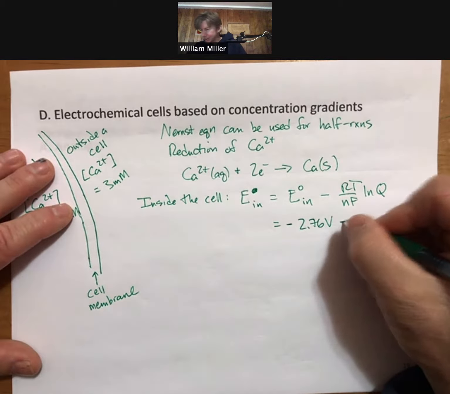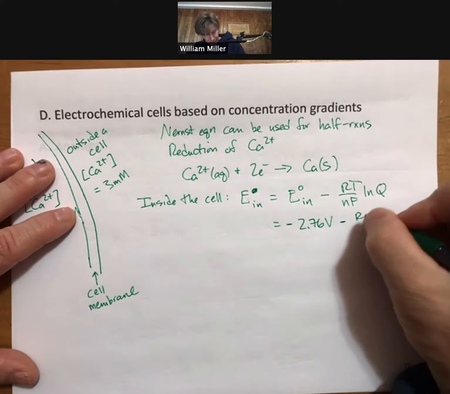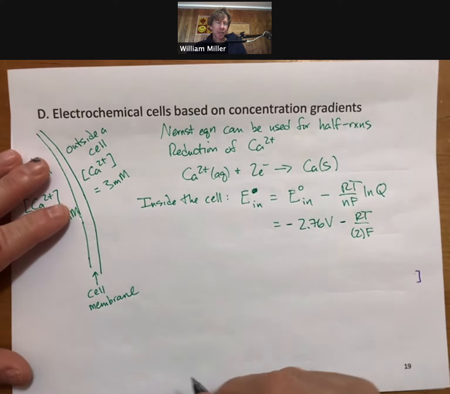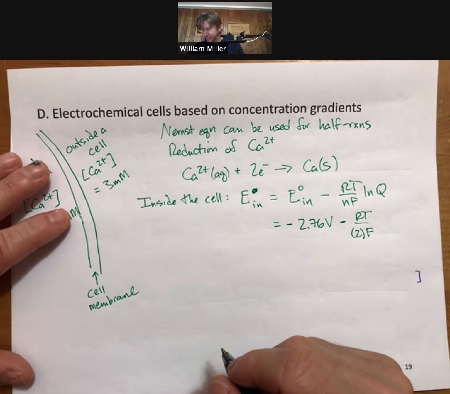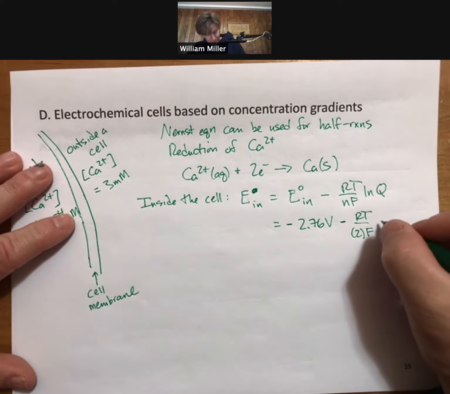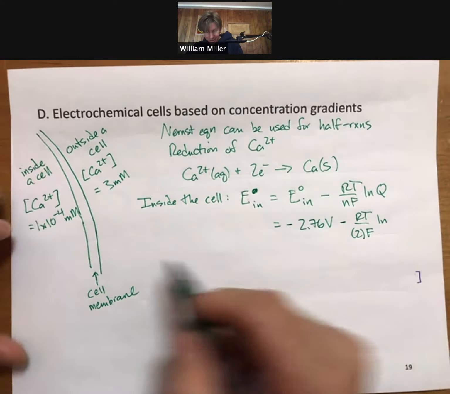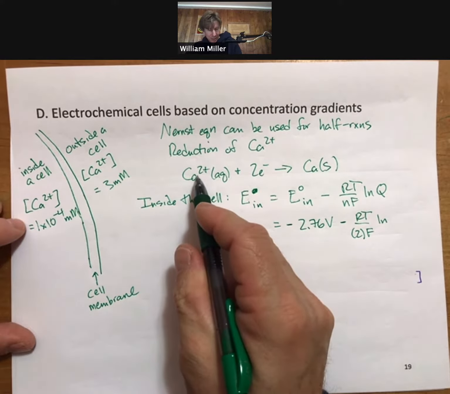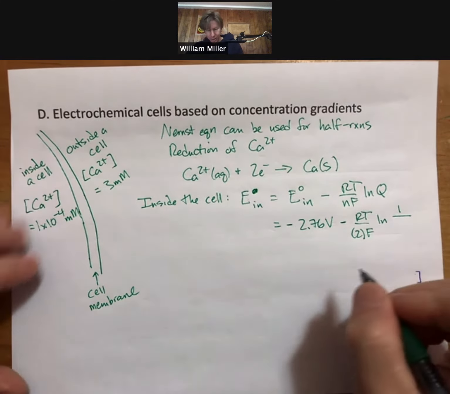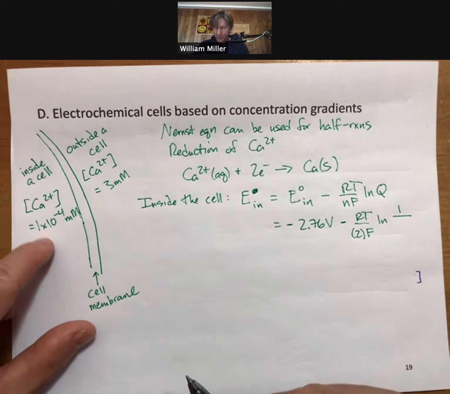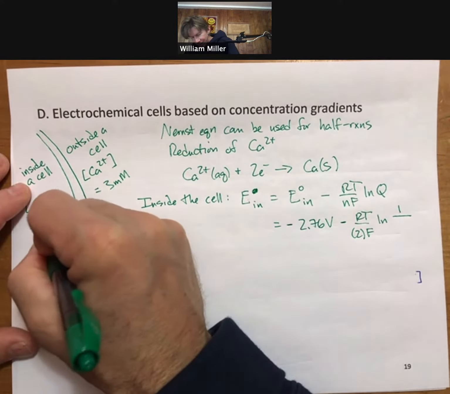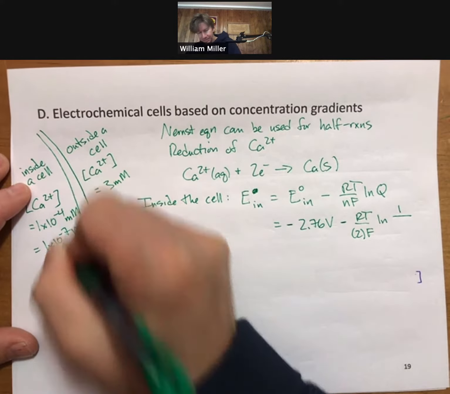And then here we're going to have RT over 2 electrons for the F. And our concentration here inside the cell, since it's on the reactant side, is going to be 1 over 1 times 10 to the minus 4th millimolar equals 1 times 10 to the minus 7th molar.